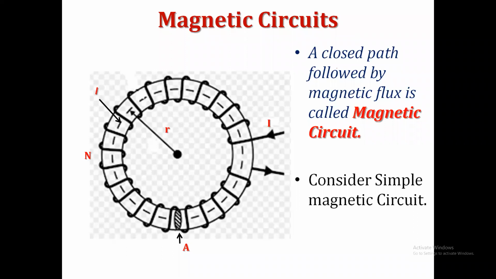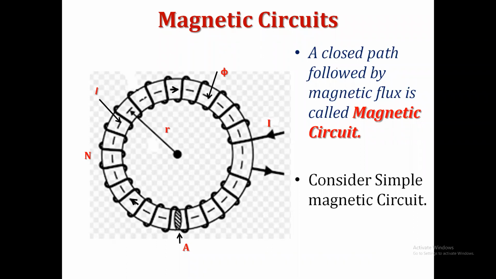Since this is a solenoid, the magnetic field inside the solenoid is uniform, and inside the solenoid is an iron ring. So there is an expected path for the flow of magnetic flux, inside the coil or inside that iron ring. This dotted line portion is the expected path for the flow of magnetic flux.